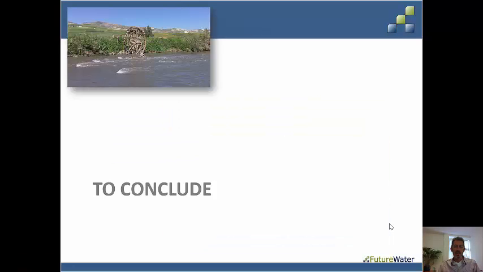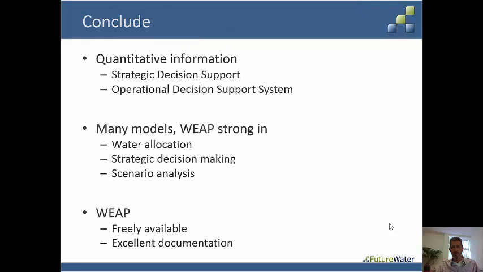And I would like to have some final conclusions from this short presentation. Over the last half hour, I discussed why it's so important to have quantitative information. I think it's good to make a distinction between whether you're looking for strategic decision support or an operational decision support system.